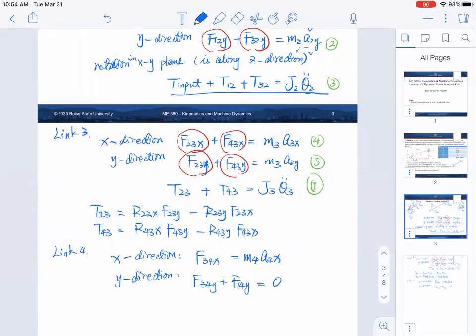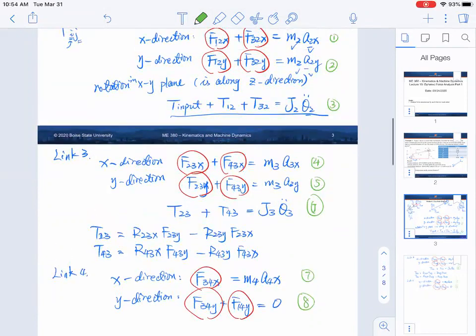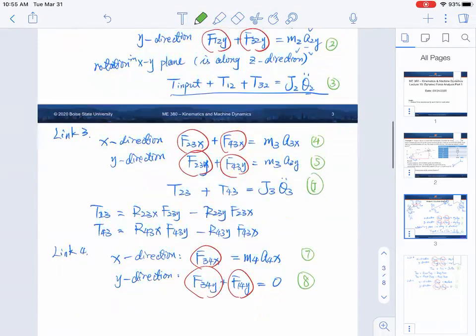So in this case, let's check how many equations we have. This is your unknown, this is your unknown, this is your unknown. And then how many equations? 7 and 8. Okay, so let's check: 1, 2, 3, 4, 5, 6, 7, 8. We have 8 equations. And how many unknowns do we have? We have 11 unknowns.